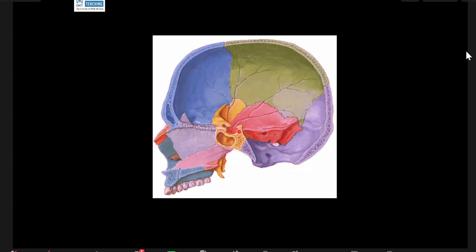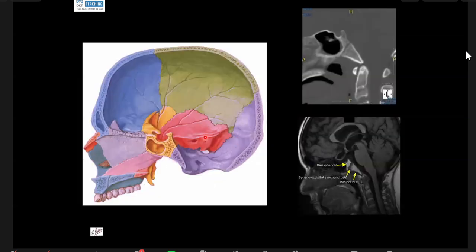You can see that this is the busy sphenoid, and the point to remember here is that a portion of it is the sphenoid bone, a portion of it is the occipital bone, and in a growing skeleton there is a synchondrosis in between.